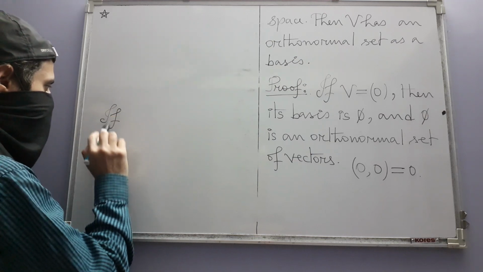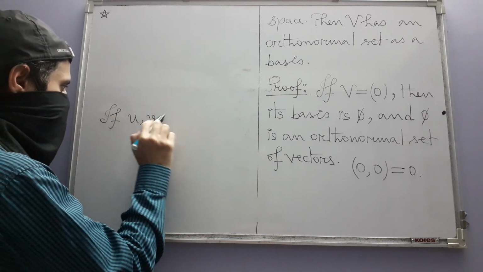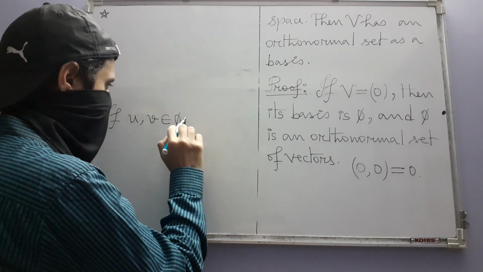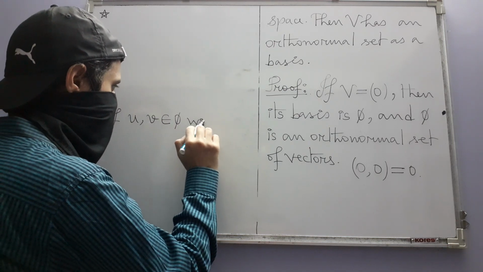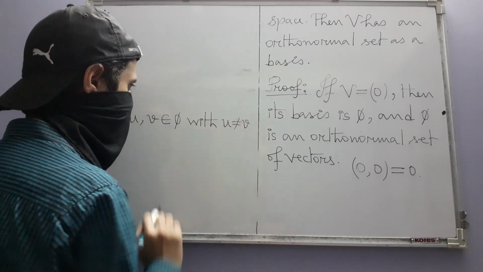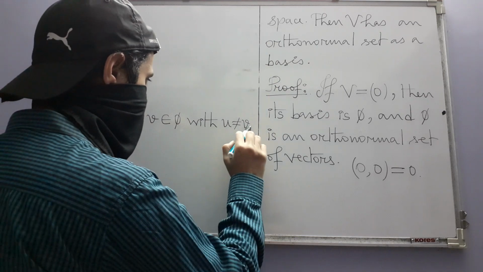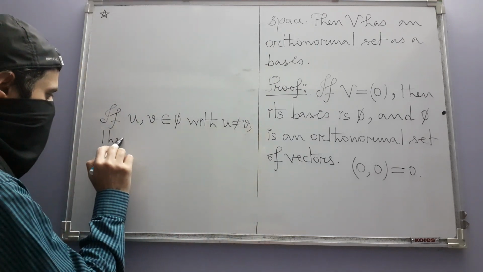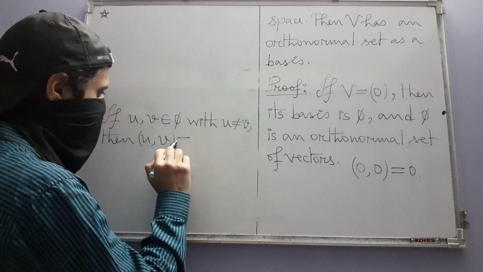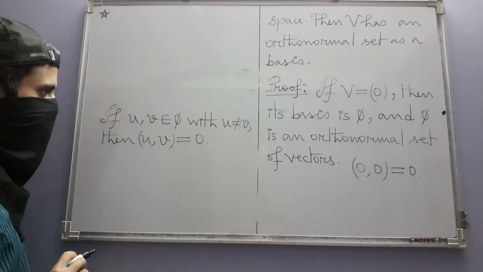If u and v belong to the empty set with u being different from v, then the inner product of u and v is equal to 0.